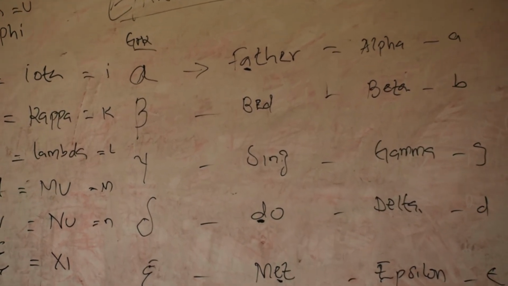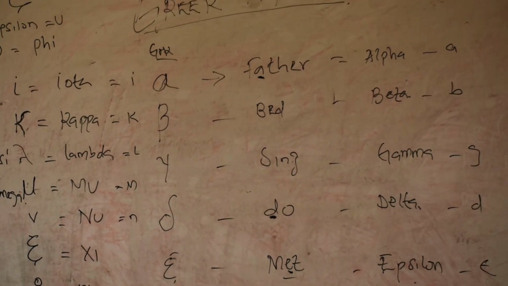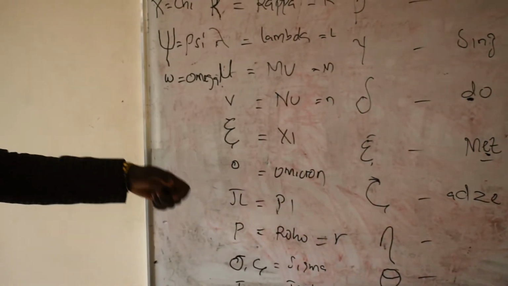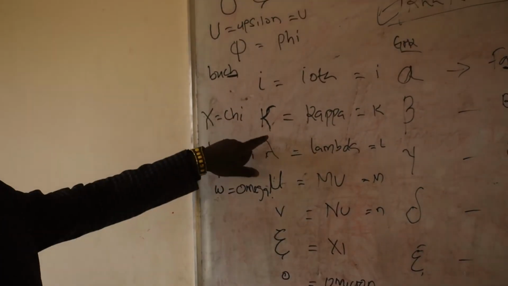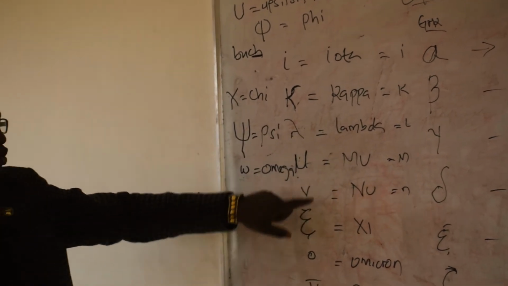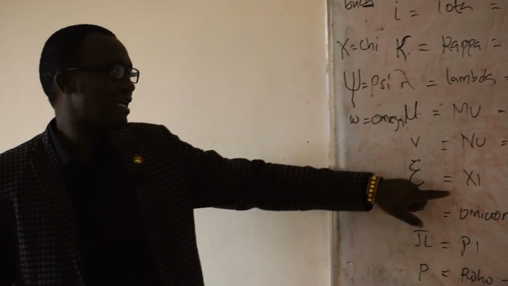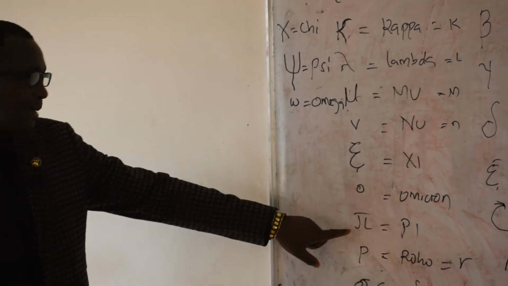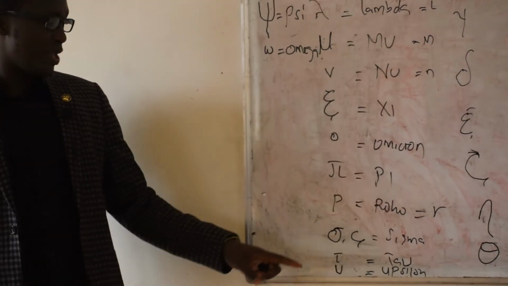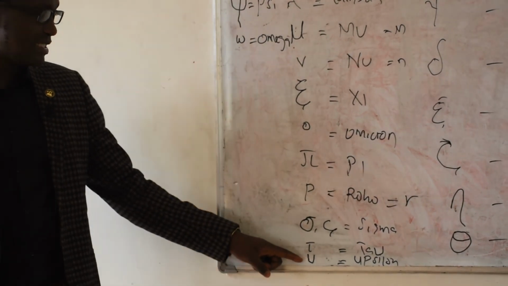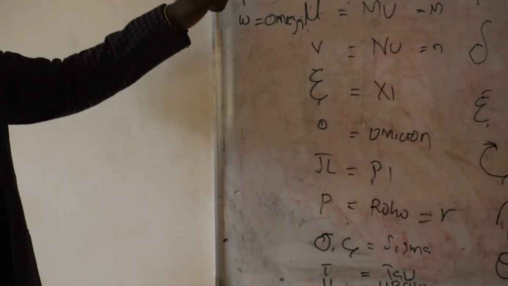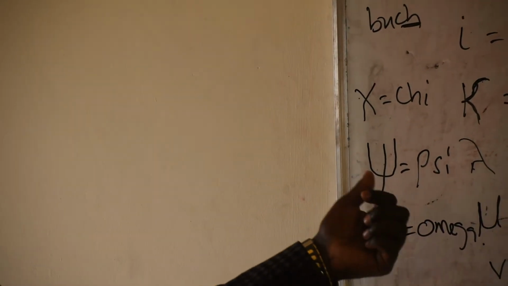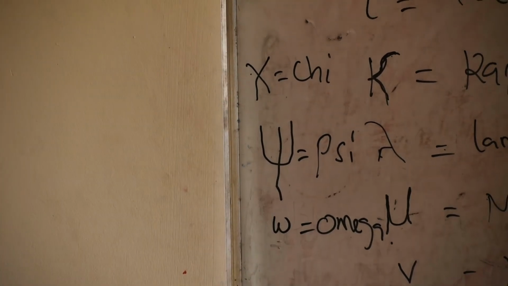Then we have the gamma, the delta, the epsilon, the zeta, the eta, the theta, the iota, the kappa, the lambda, the mu, the nu, the xi, the omicron, the pi, the rho, the sigma, then the tau, the upsilon, the phi, the chi, the psi, and then lastly, we have the omega.